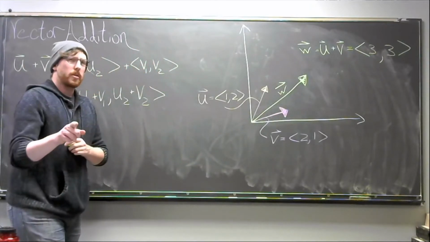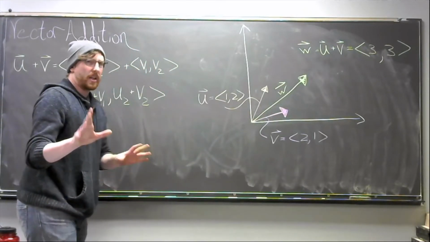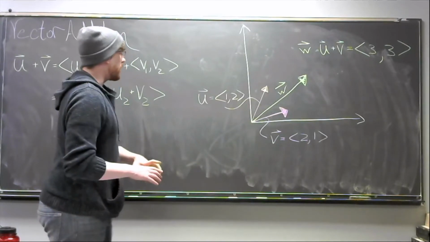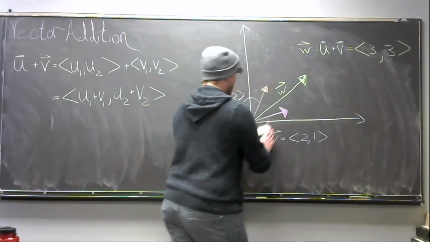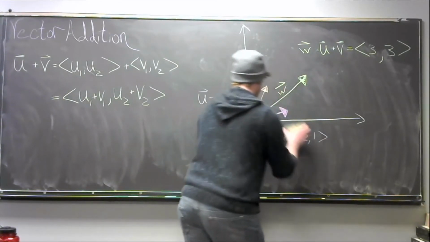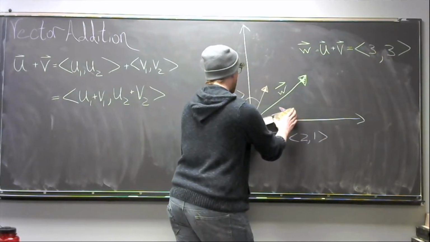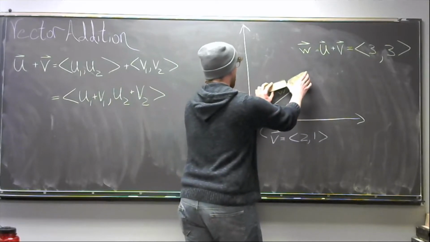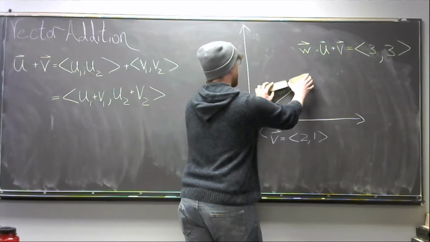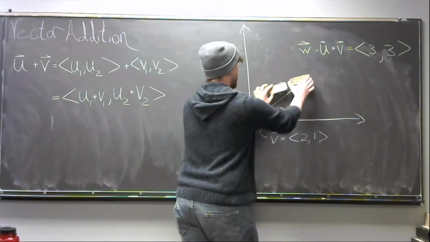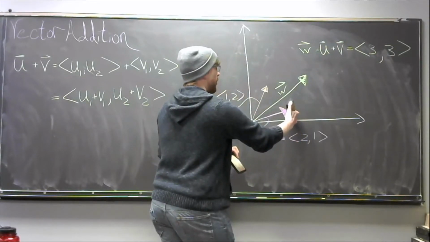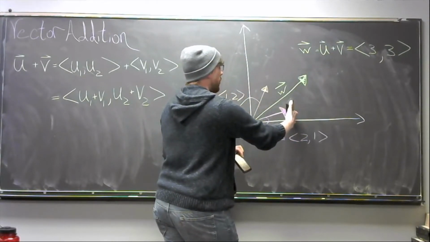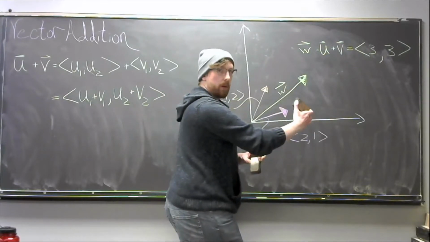Now notice, because this is key here. Notice, if we were to take the vector v and we were to move it along the vector u, so it would sit up here about like this, the terminal end would be touching the terminal end of w.